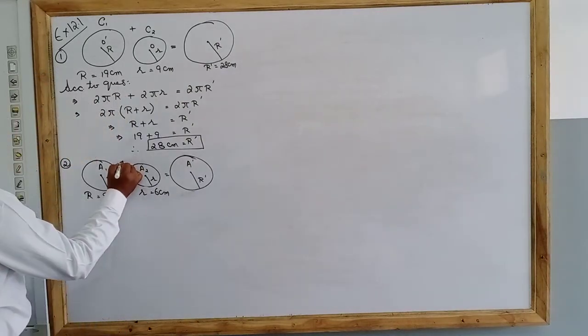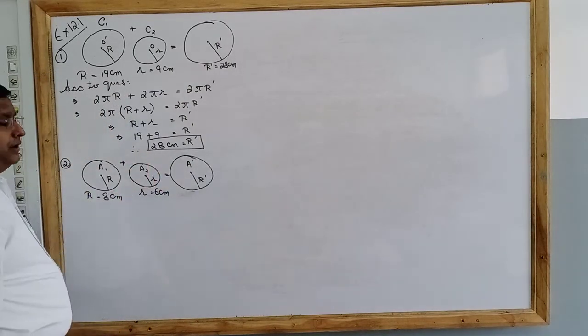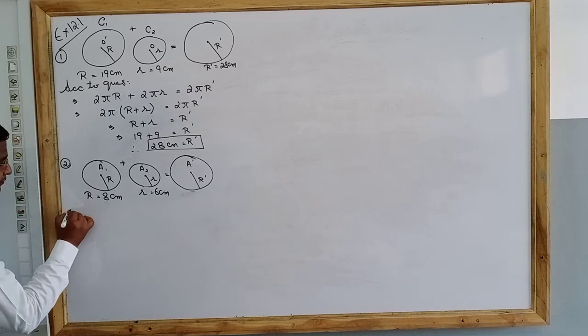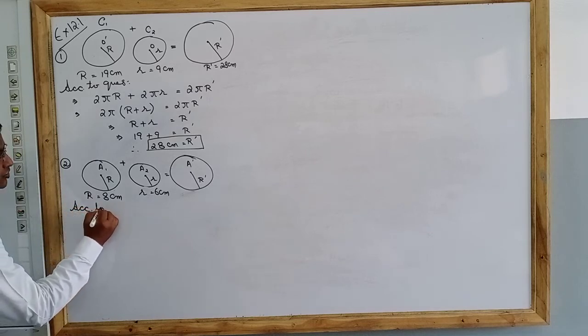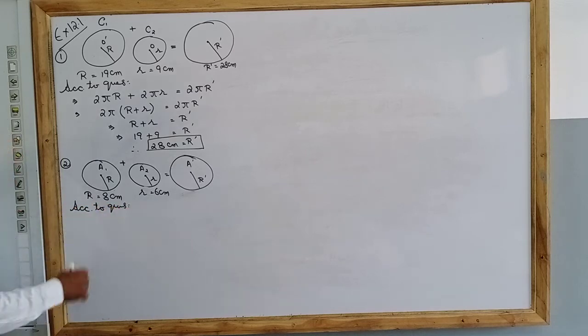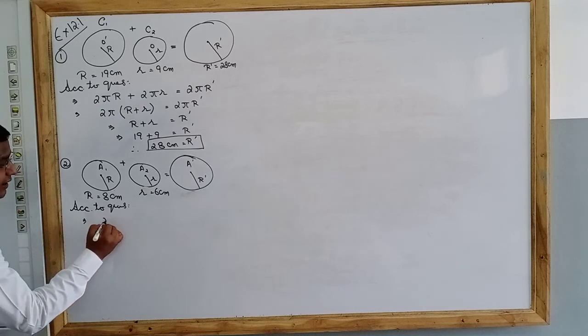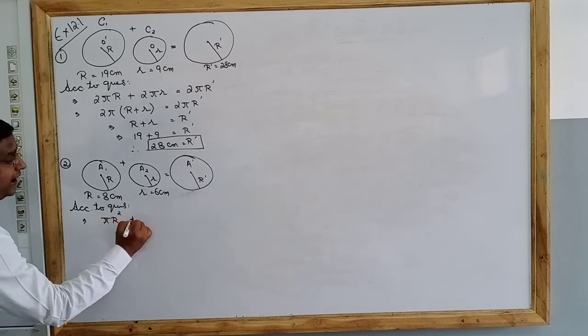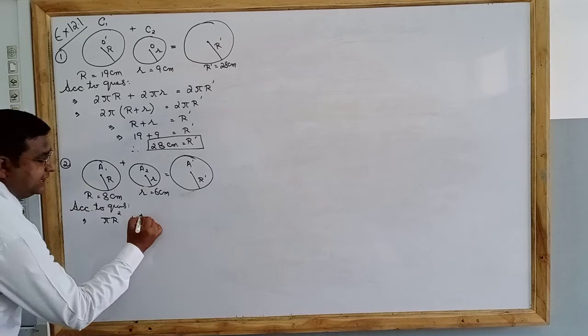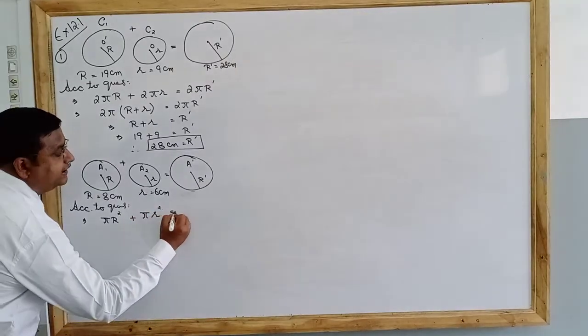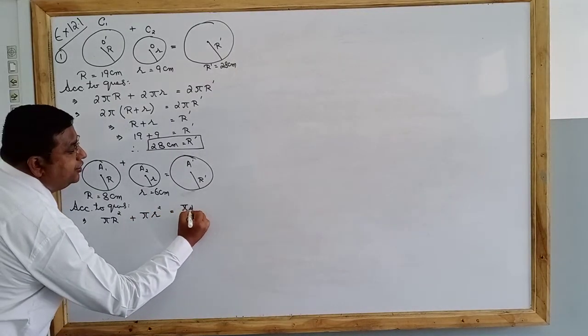Area of these two is equal to area of the third. So according to the question, what is the formula for area of circle? Pi r square. Area of the bigger circle, pi capital R square, plus pi small r square is equal to area of the new circle.